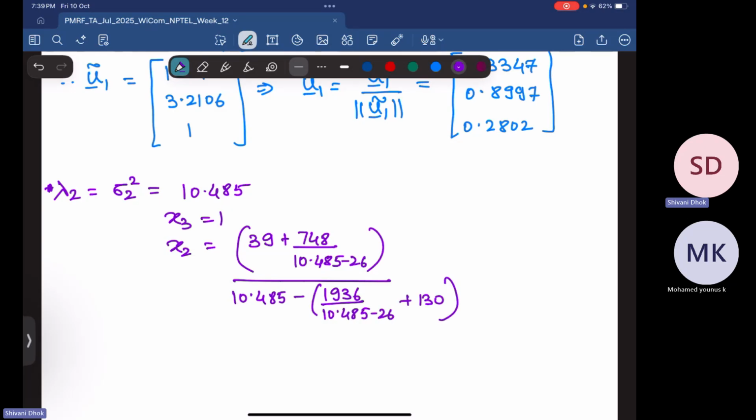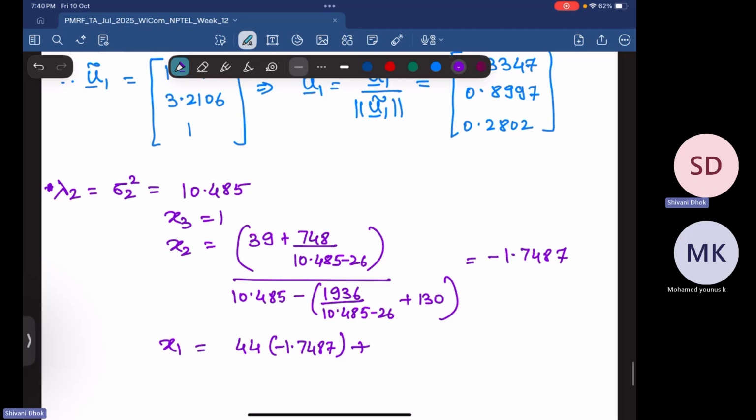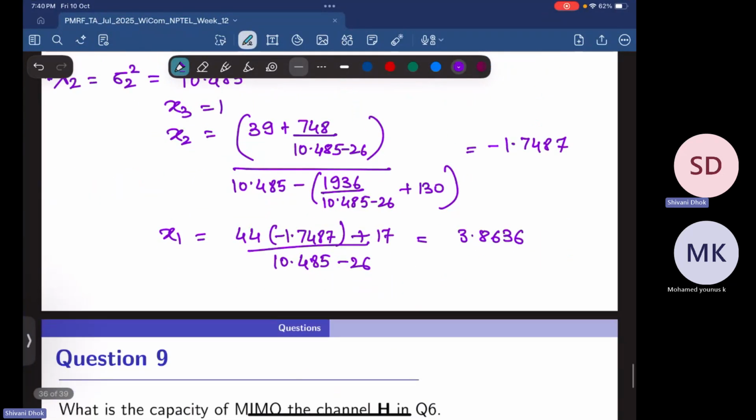If you simplify, this comes out to be equal to minus 1.7487. And then x1 comes out to be equal to 44 into x2, that is minus 1.7487, plus 17 into x3 divided by lambda, that is 10.485 minus 26, and this comes out to be equal to 3.8636.